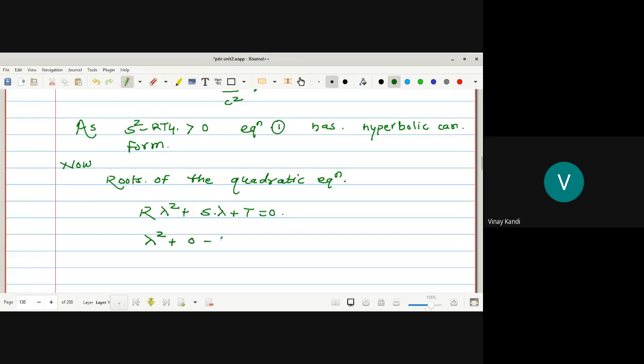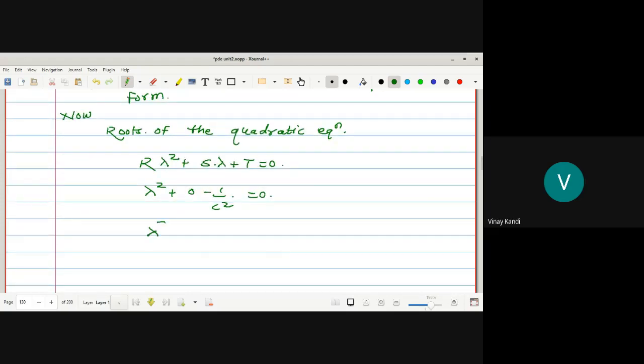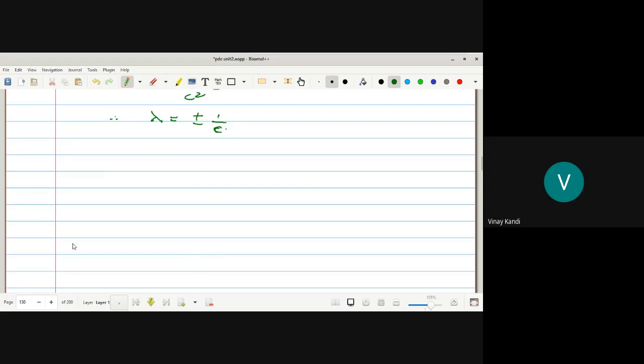Lambda square plus 0 minus 1 by c square into 1, this is equal to 0. So we get lambda square minus 1 upon c square is equal to 0. So this implies lambda is equal to plus or minus 1 upon c. Okay, any doubt? No, sir. Now let lambda 1 is equal to 1 upon c, and lambda 2 is equal to minus 1 upon c.